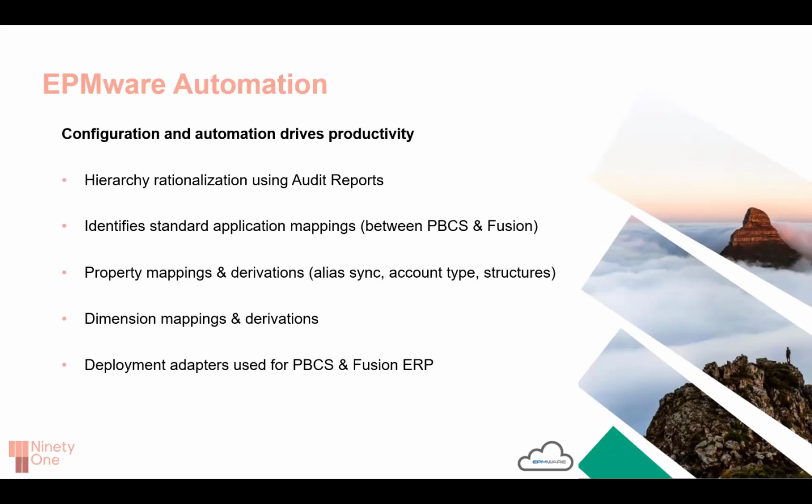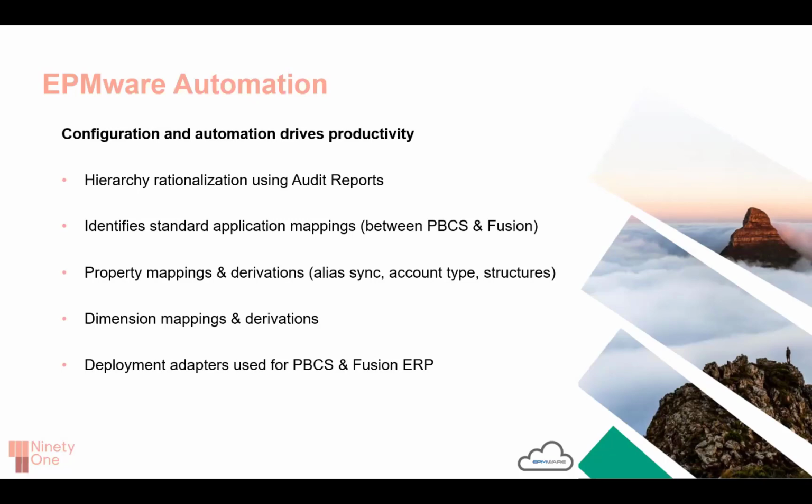Now, one particular hierarchy had significant differences. In PBCS, there were over 5,000 nodes, whereas in Fusion, there were around 3,000 nodes. And this was principally because, as a historical legacy from DRM, fewer levels had been implemented in Fusion than in PBCS.